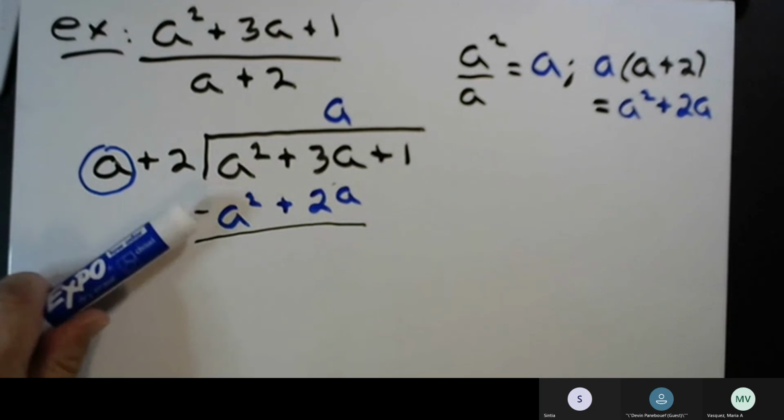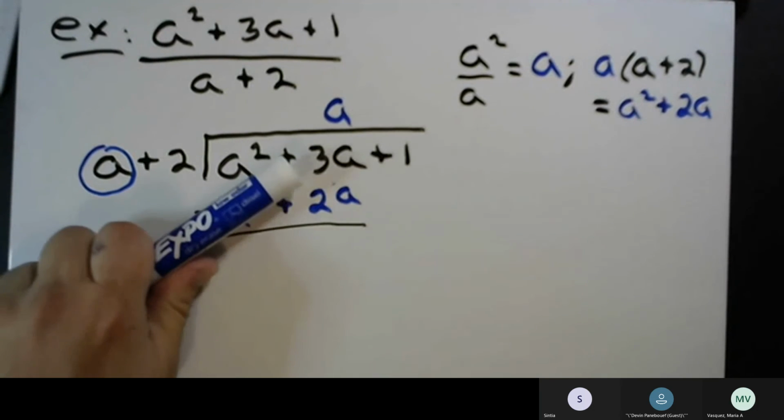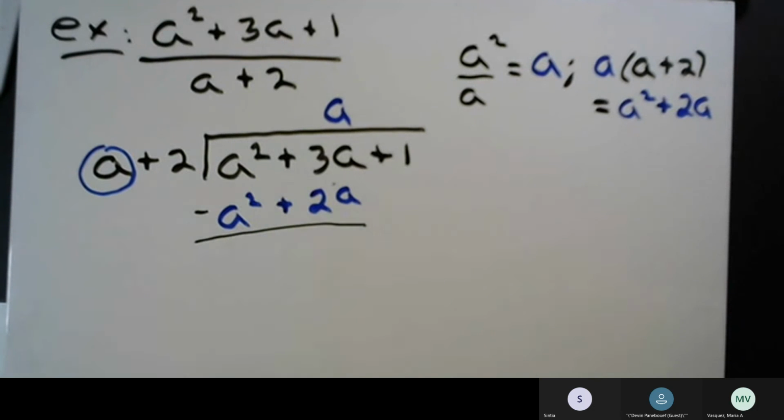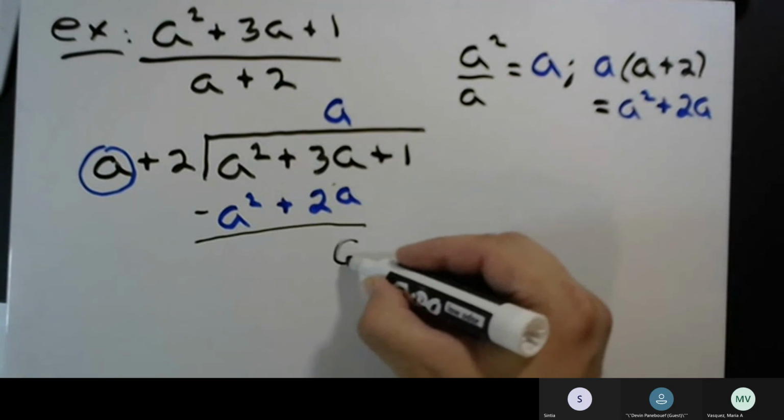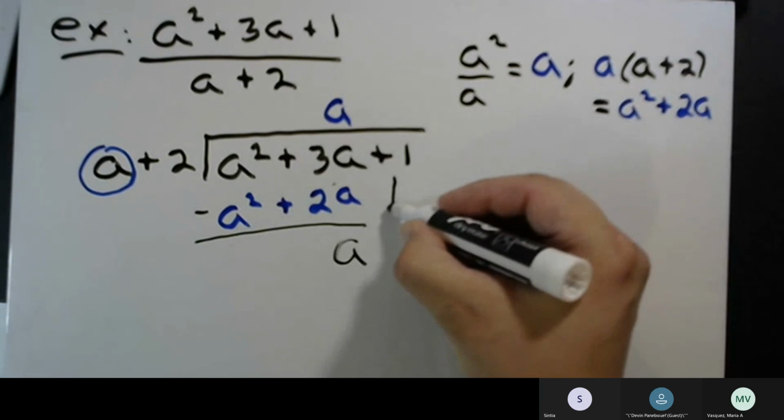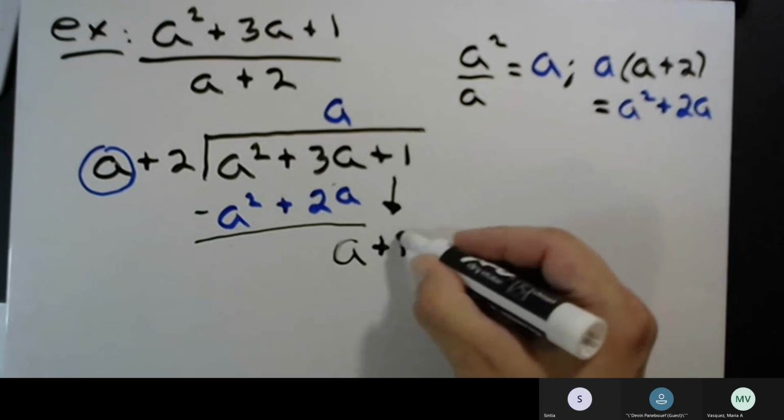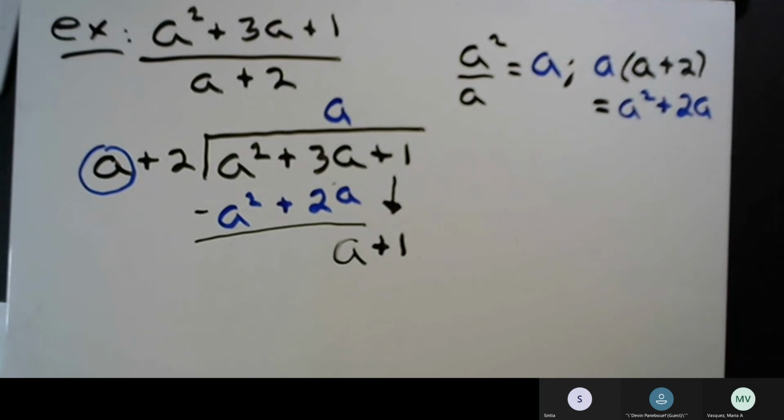Now, a squared minus a squared is 0. 3a minus 2a, that's just going to be a single a. We bring down the 1, and we're done. That's our first round.